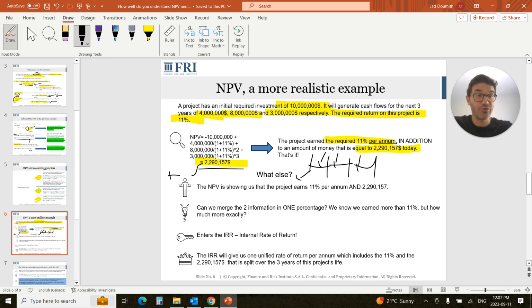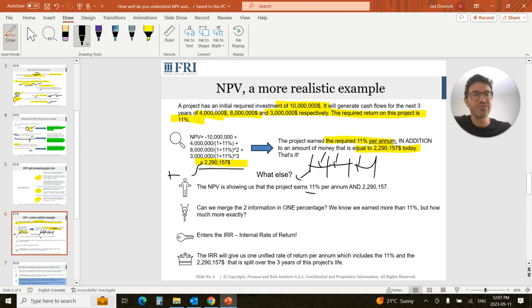Now let's think about it further. Since you can now interpret an NPV, you know that the project earned more than 11%. How much more? By an amount of money that is worth today $2.29 million. So you could say that the project earned you 11% plus $2.29 million.